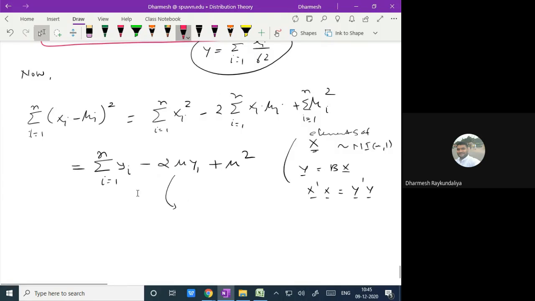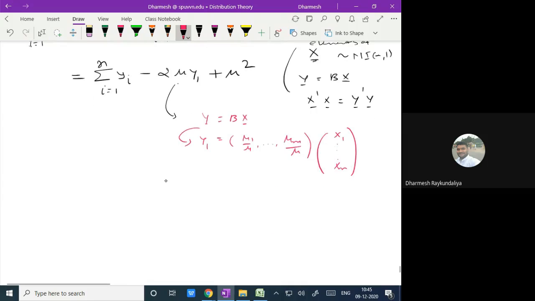I will give the justification. Here, what is the transformation? Y is equal to Bx. The first row of this matrix gives the first element y1. The first row is mu1 upon mu up to mu n upon mu, and the elements of x are x1, x2, up to xn.